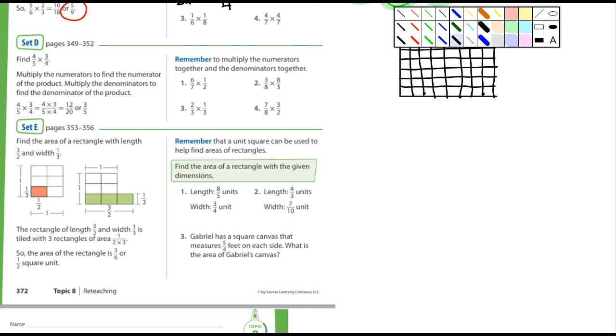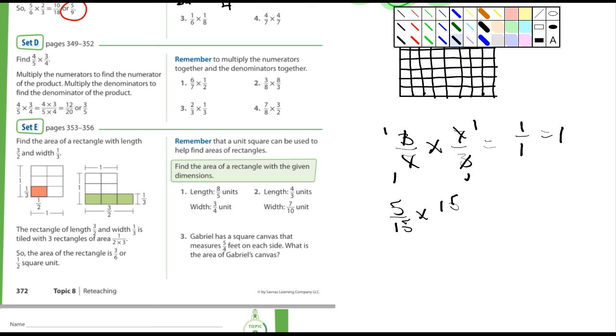So, for example, 3/7 times 7 over 3. Well, we can cross cancel. Everything's going to be 1 again. And then we end up with 1 over 1, which is 1. Okay? Of course, if you're not sure that that always works, well then, how about 5 over 15 times 15 over 5. We don't even have to cross cancel.